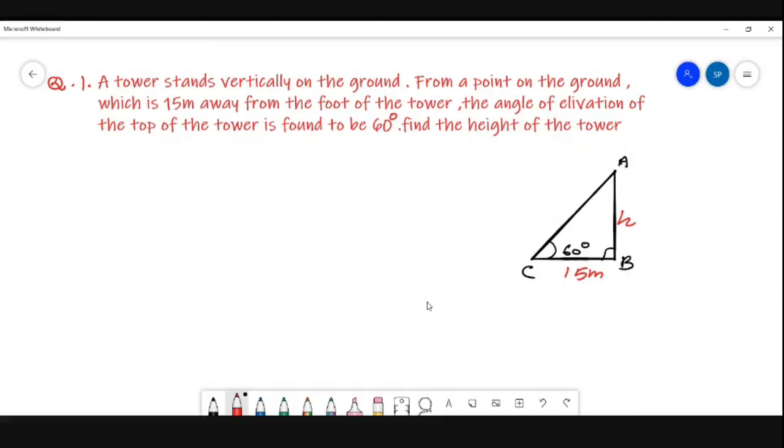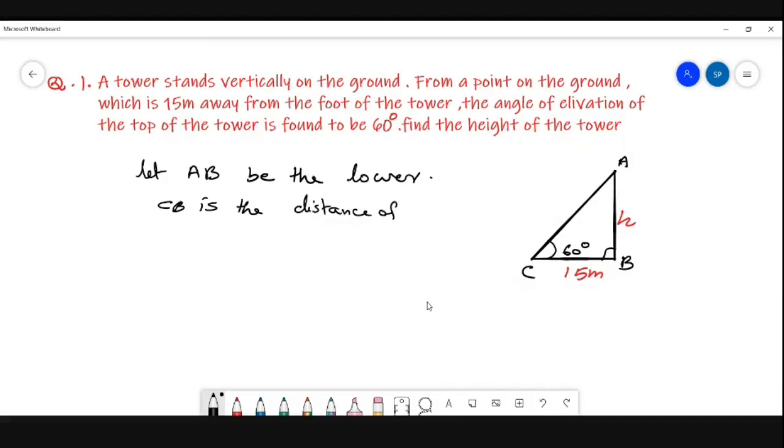So let us write here: let AB be the tower, and CB is the distance of point C from B. That is, you can directly write BC equal to 15 meters.